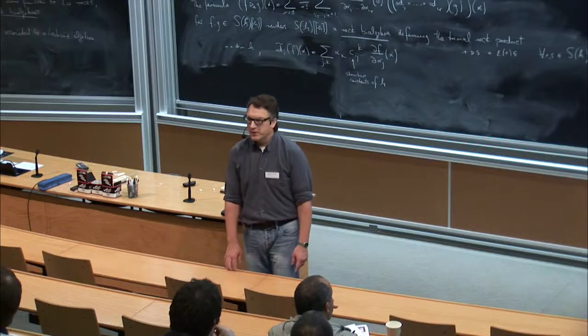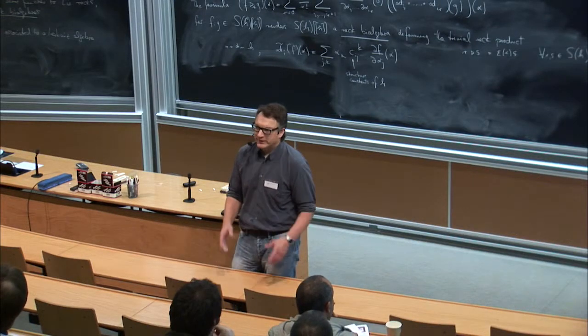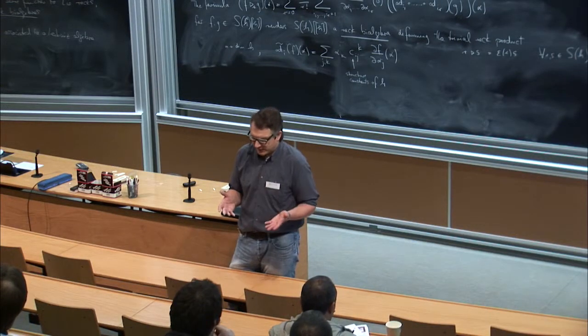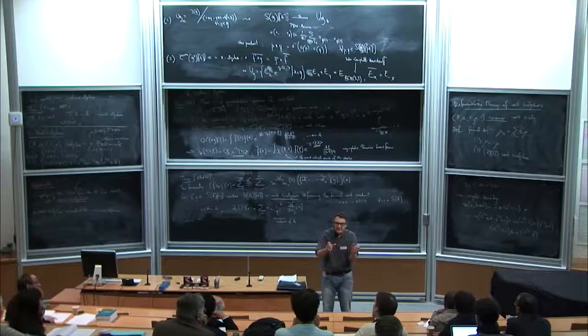So you mentioned the Poisson bracket. Is it really a Poisson bracket? No, it's not. It's not a Poisson bracket in the sense that it is a Lie algebra structure and a derivation in both variables.